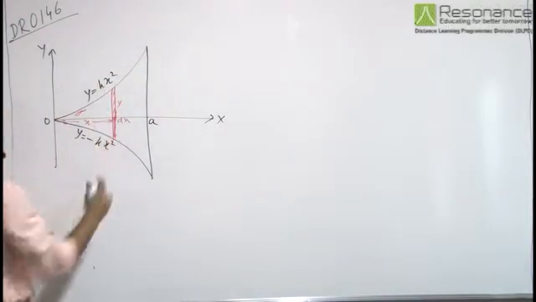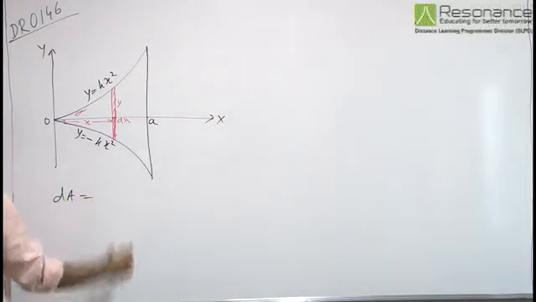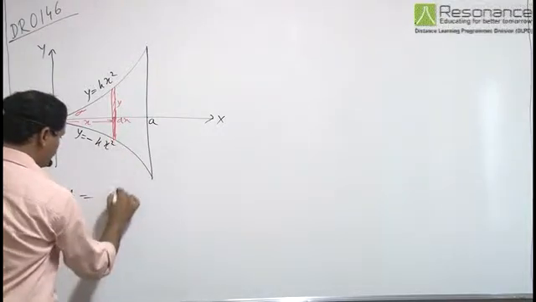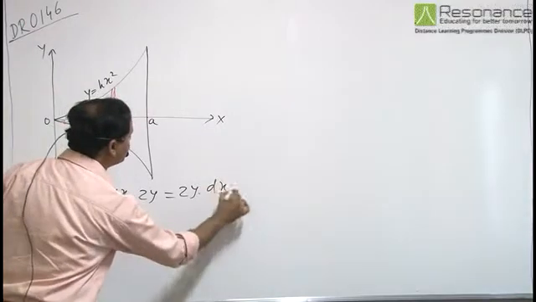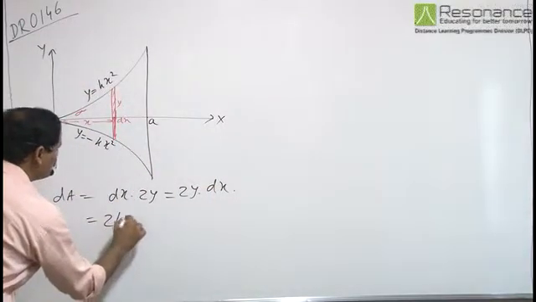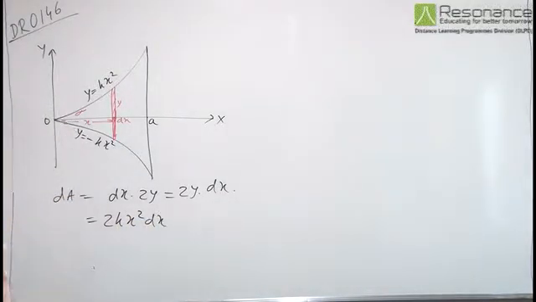So the area of this small strip, dA, is equal to dx into 2y, or 2y dx. The value of y is kx square, so it is 2kx square dx. This is the area of the strip.